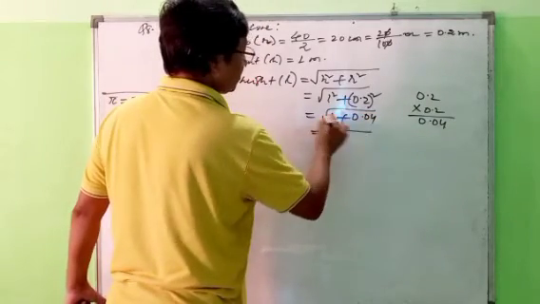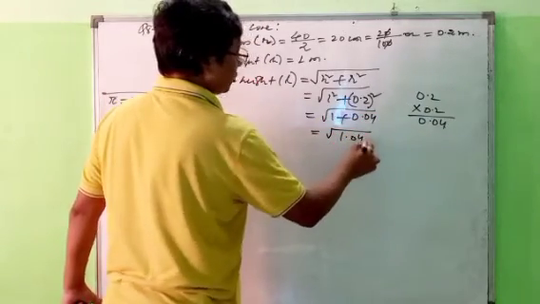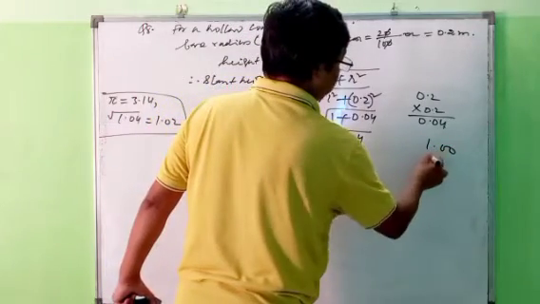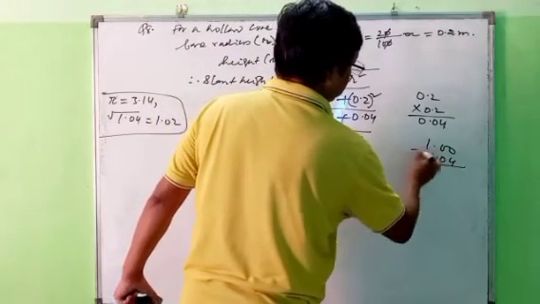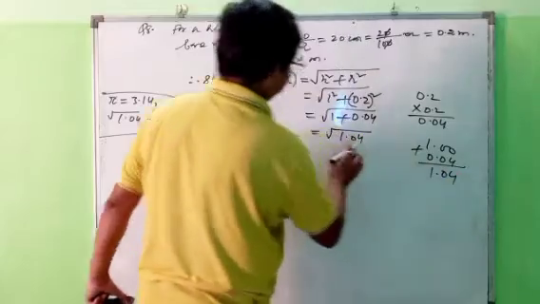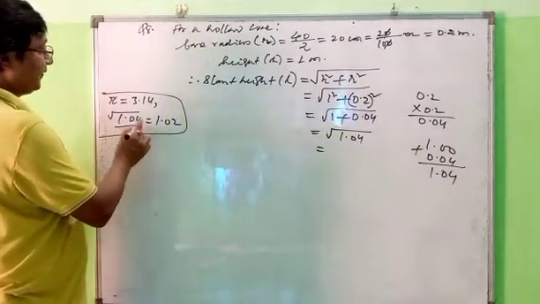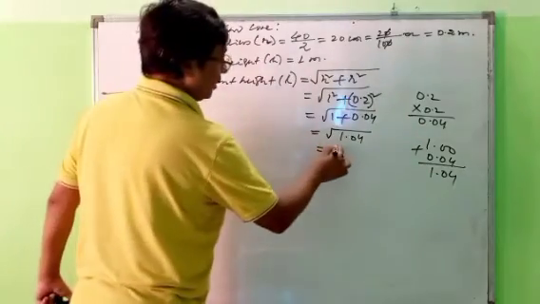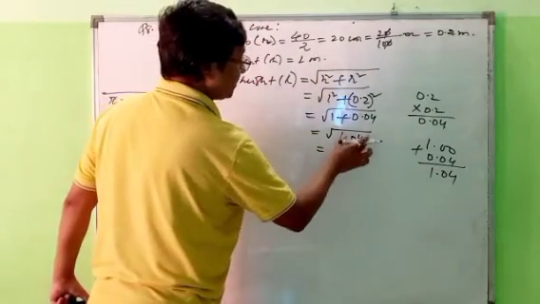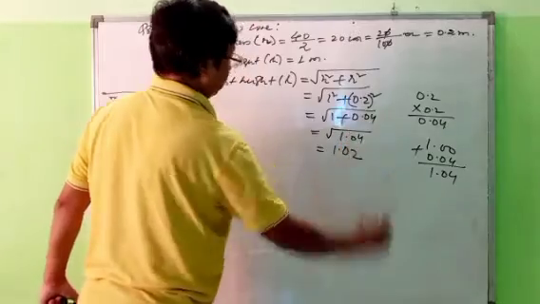By adding these two you get 1.04. Now the root over 1.04 is given as 1.02, so you will write 1.02 because this value is given in the question.